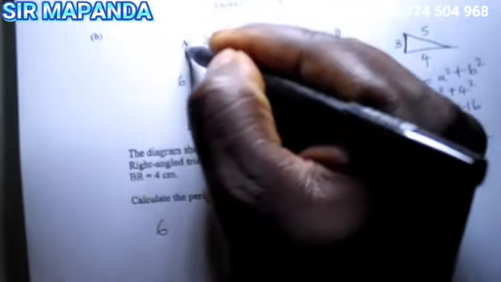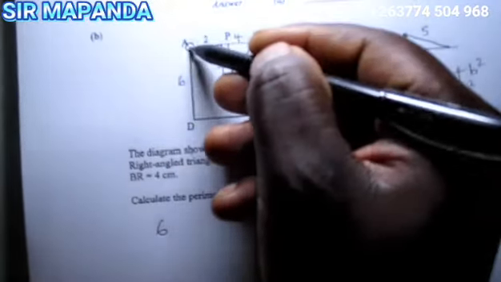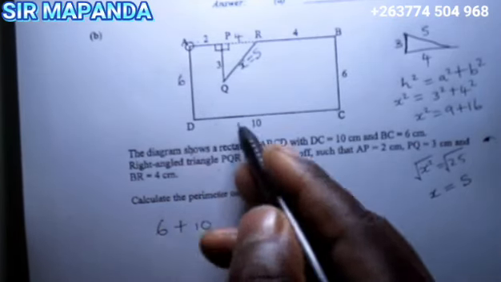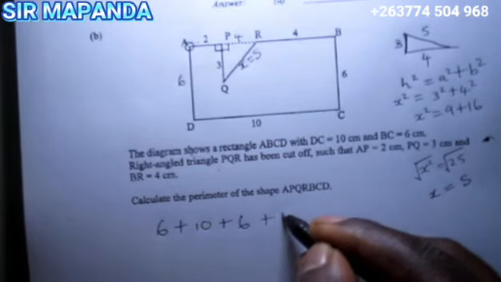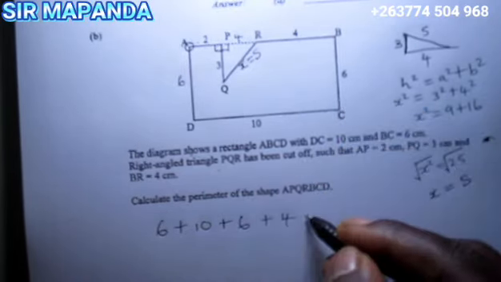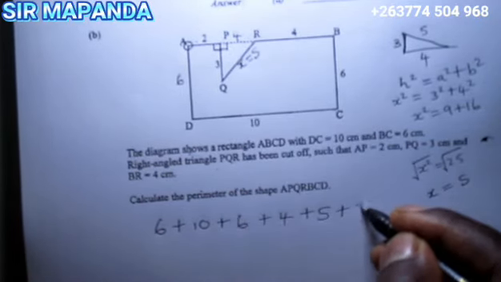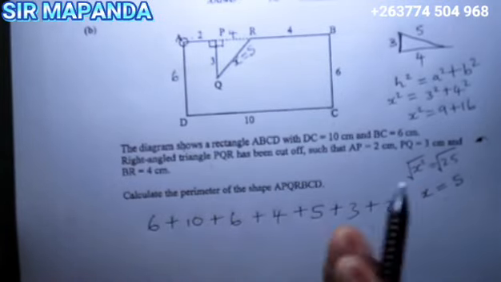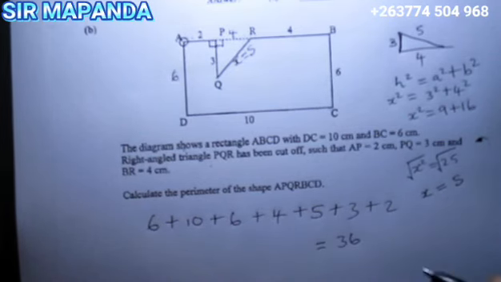I'm starting measuring my perimeter from A right round to get back to this original point. 6 is going to be added to 10, then you add 6 upwards here, then you add 4 centimeters, you add 5, which was the missing value, plus 3 here, plus 2. If you add all those like terms, you will find out that your perimeter is 36. Then you are home and dry.